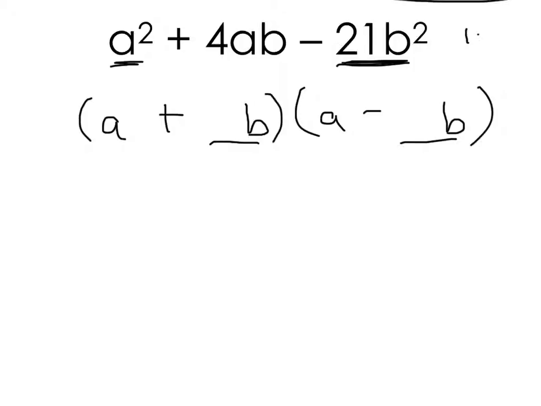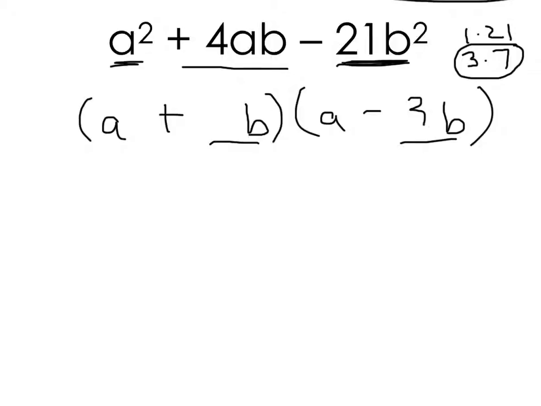21 is 1 times 21. It's also 3 times 7. Because one's a plus and one's a minus, we're looking for the factors that have a difference of 4. We need to put the 3 in and the 7 in. Do you want to make the 3 positive or negative? Which one will give us a positive 4ab?